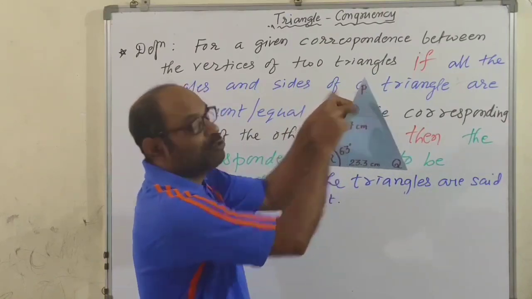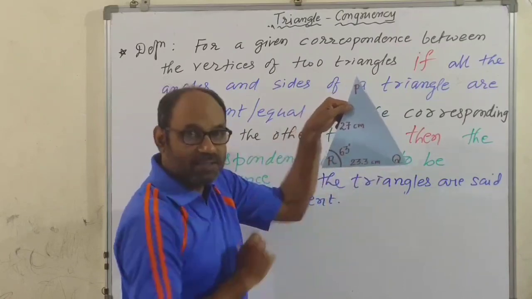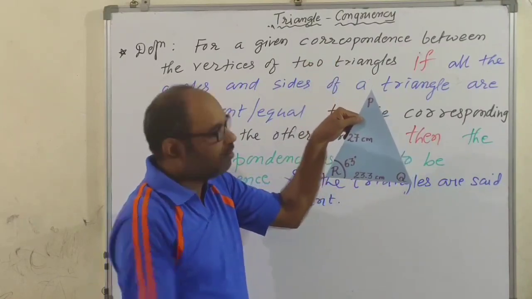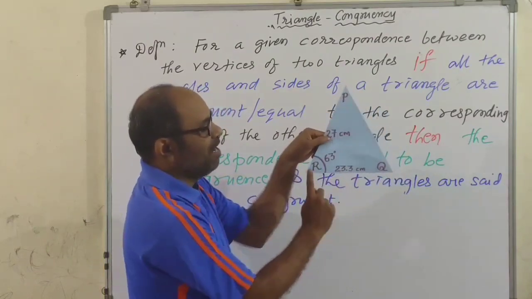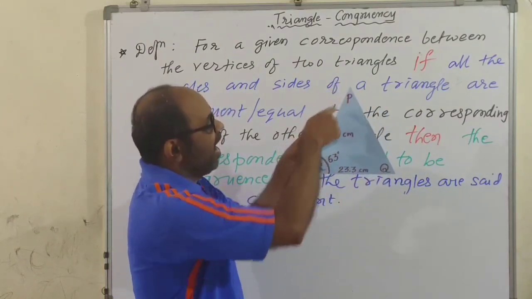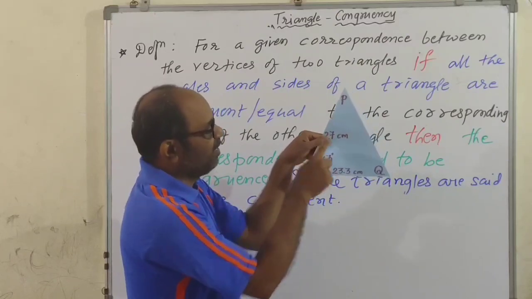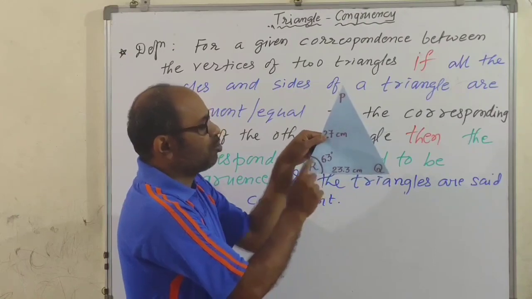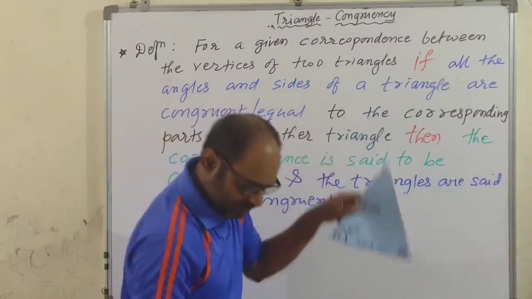I do not know what is measure of angle P. I do not know what is measure of angle Q. And I do not know the length of side PQ. But I know the measure of 2 sides, QR and PR. PR is 27 centimeter, RQ is 23.3 centimeter, and measure of angle R is 63 degree.